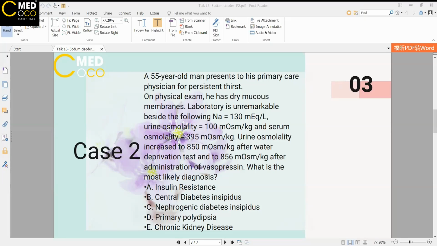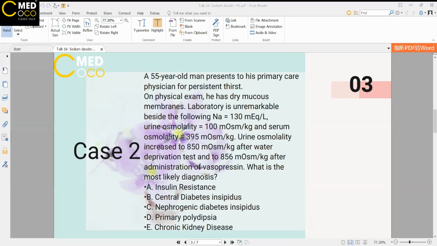That's why the water deprivation test tells you this patient has some issue with ADH, so the urine osmolality doesn't go up. The vasopressin just tells you where the issue is.